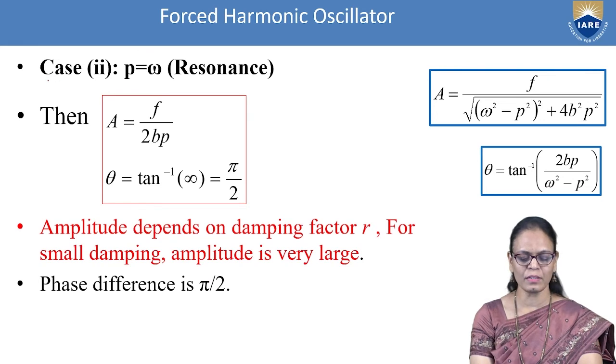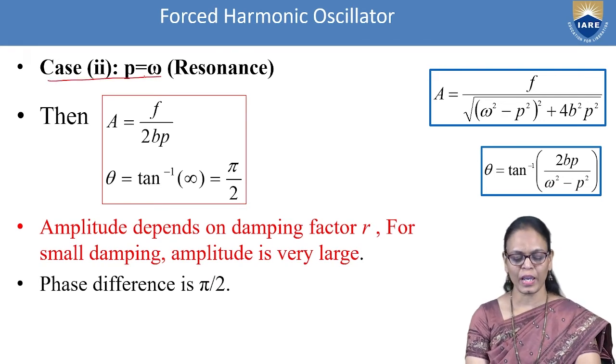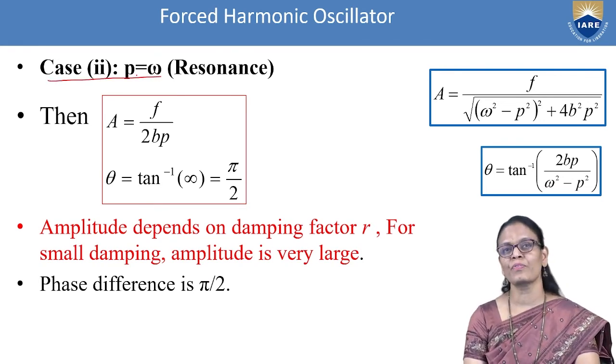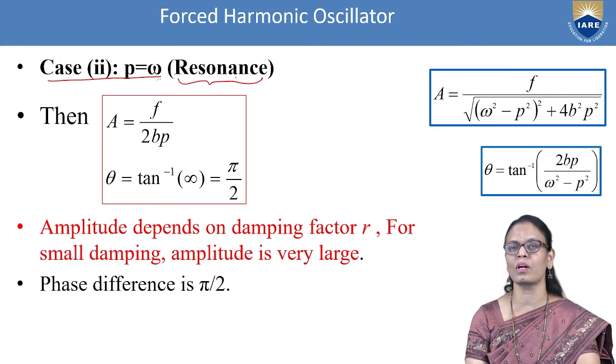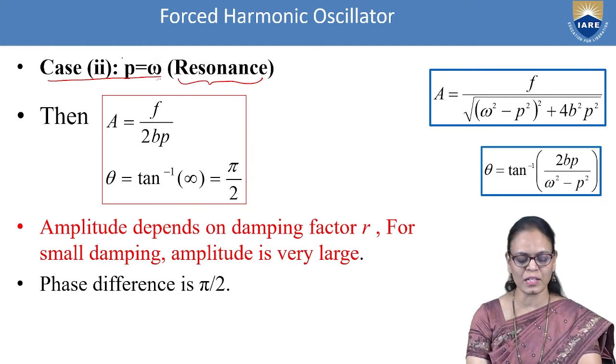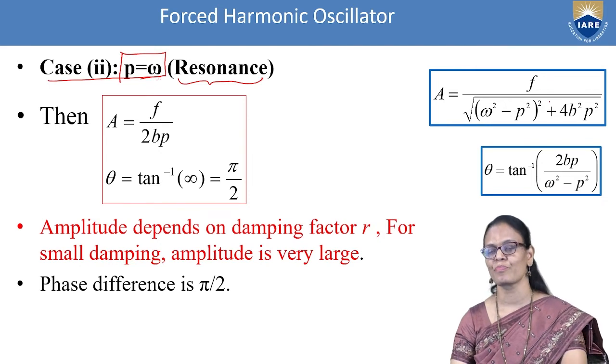Now let us see the second case, where the driving frequency p is equal to the natural frequency. We'll have a special condition. This is called resonance. We'll try to understand resonance also with the help of this expression. So let us now put this condition p is equal to omega in the expression.